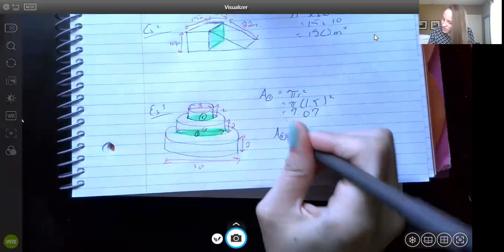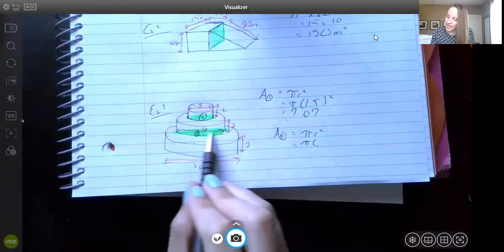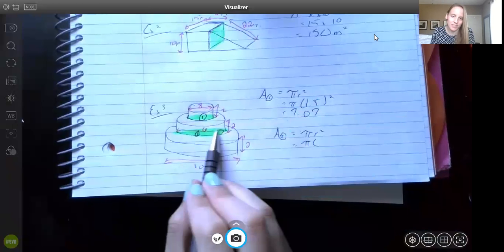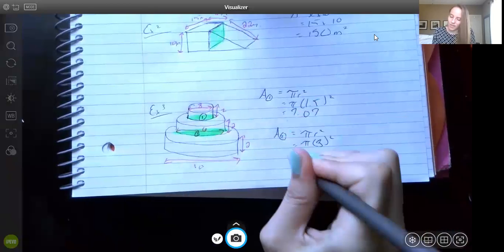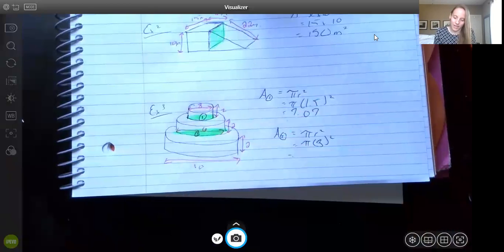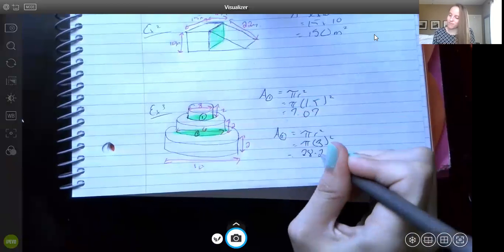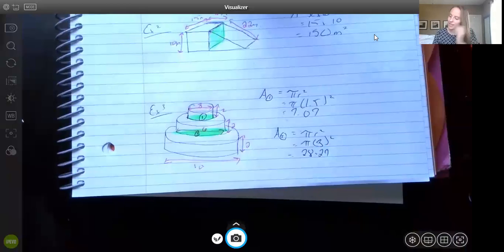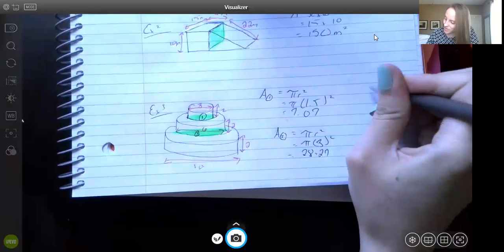It's also a circle, so pi r squared. This time, because the diameter of this cylinder is 6, the radius is 3. 3 squared is 9 times pi is 28.27. And so the actual final answer here, we would get by adding these two together.